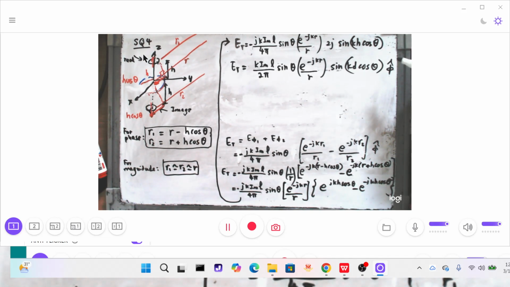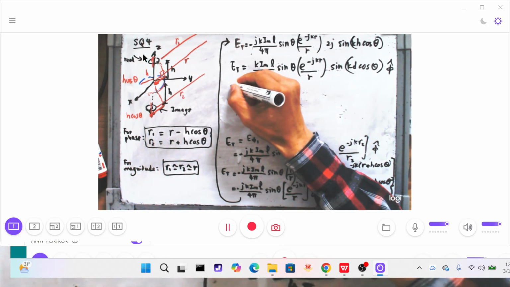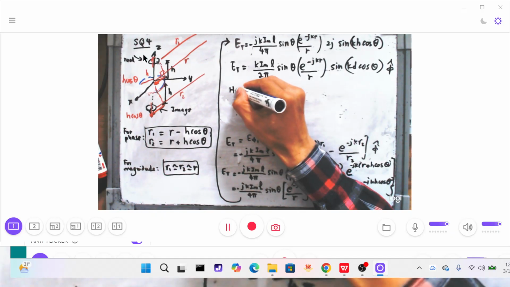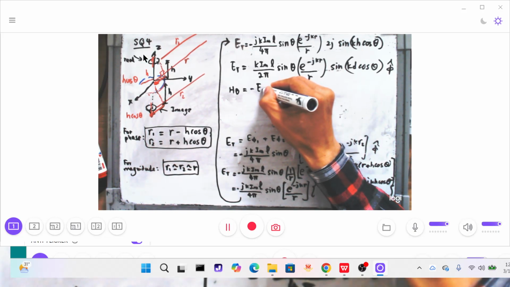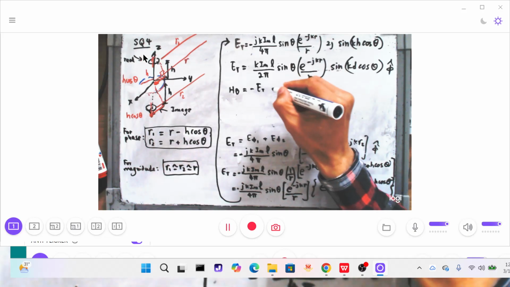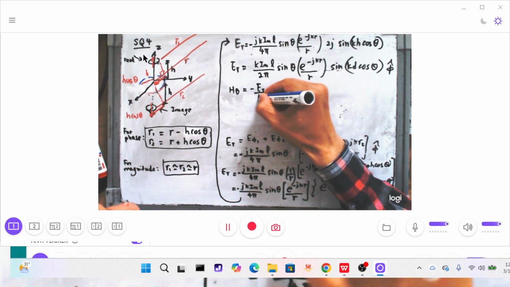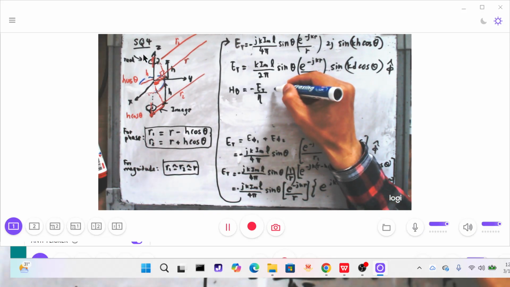And for the magnetic field, you just need to use the equation, right? H phi is equal to minus E theta divided by this. And then the angle here.